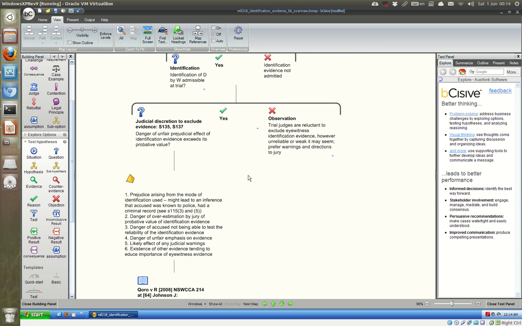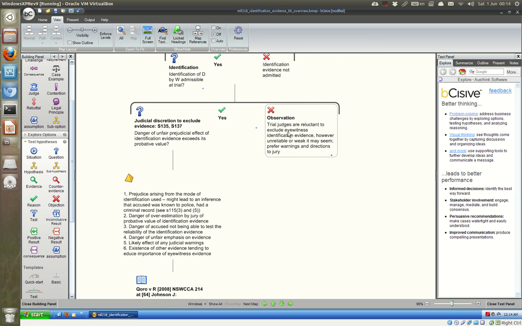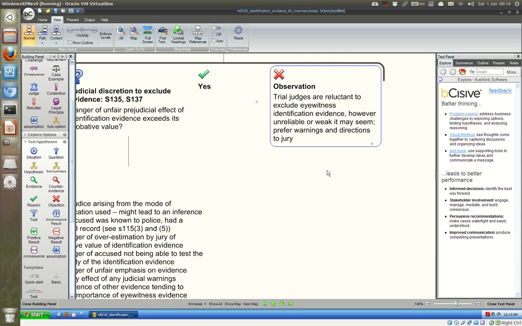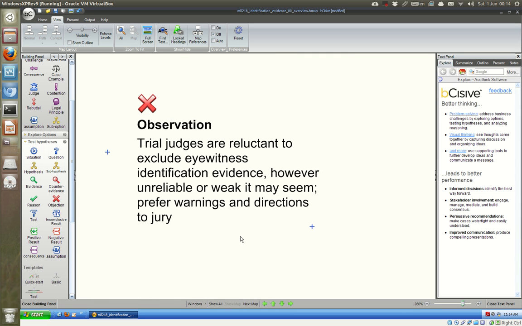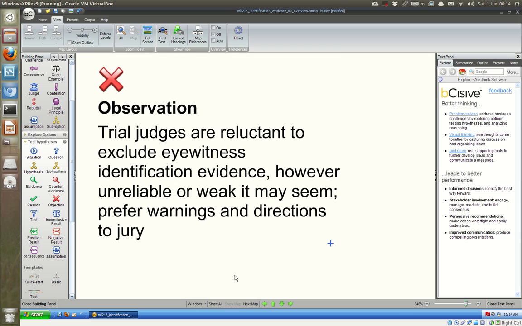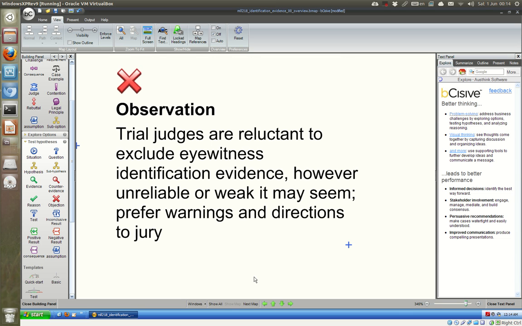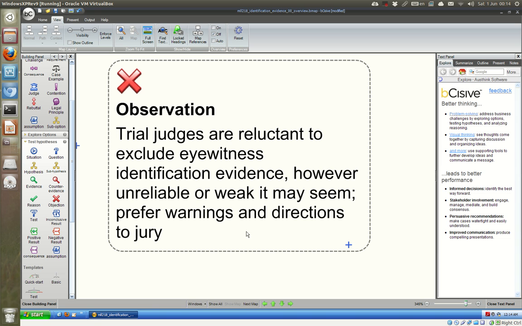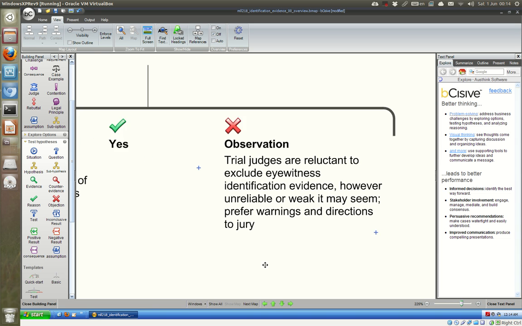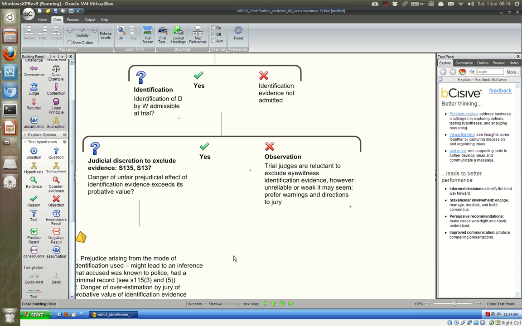It's worth bearing in mind that trial judges are generally very reluctant to exclude eyewitness identification evidence, however unreliable or weak it may seem, and there's generally speaking a strong preference for warnings and directions to the jury rather than leaving that evidence out.